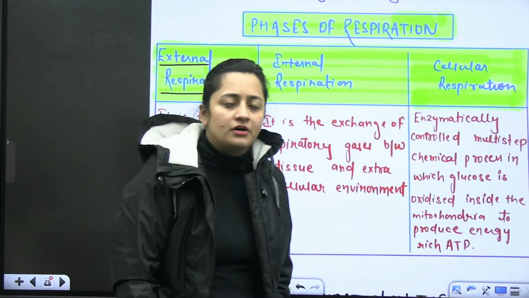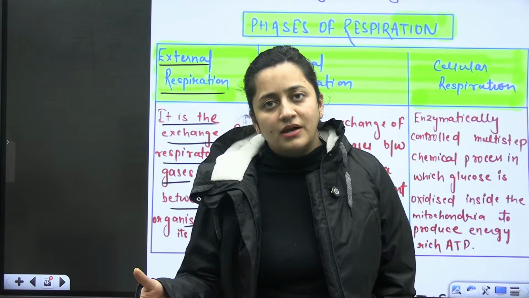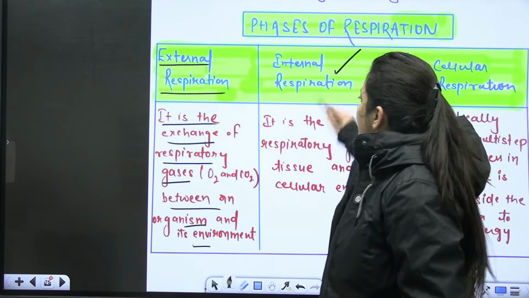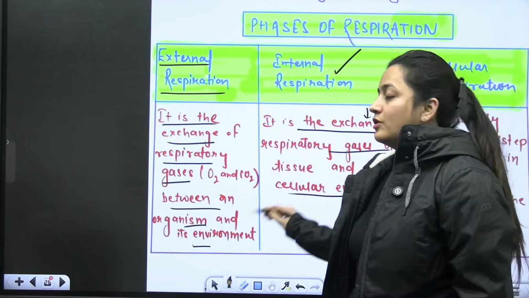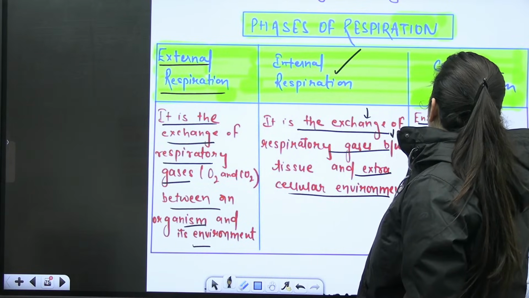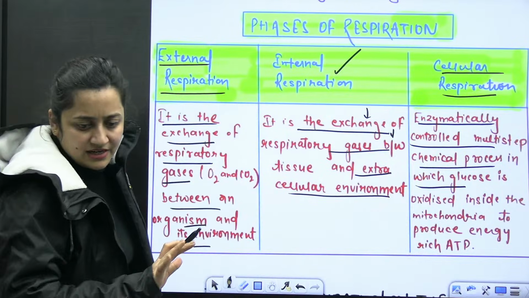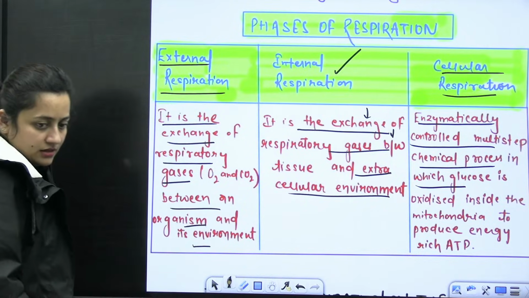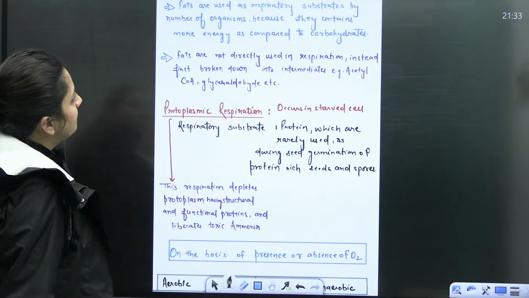Remember in human lungs, I told you there is an exchange between the alveoli and the blood capillary. Then internal respiration is the exchange of respiratory gases between tissue and extracellular environment. Then cellular respiration is an enzymatically controlled, multi-step process. Got that? These 3 definitions clear?